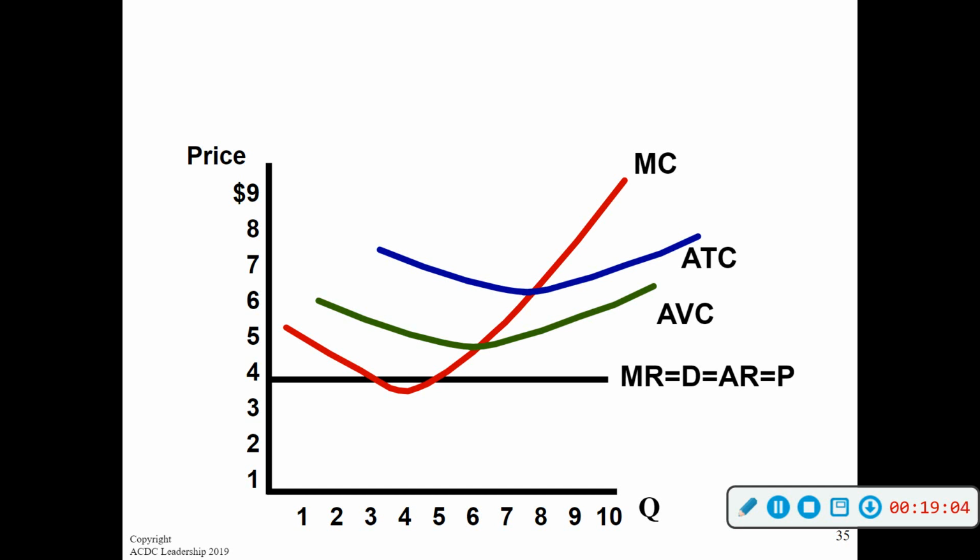So does the average fixed cost change with the quantity? Because it gets smaller? Well, let's say average fixed cost is $10. I don't know what it actually is up here, but 10 divided by 1 is 10, divided by 2 is 5, divided by 3 is 3.3. So that's why this gets closer and closer together, because that average fixed cost is just going to get smaller and smaller.